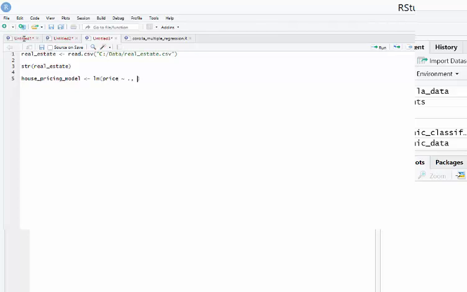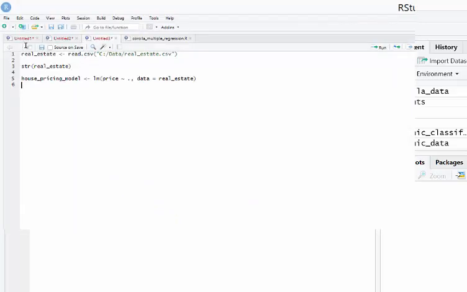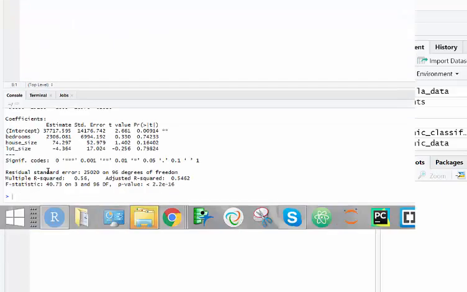Everything else I'm going to use as my bunch of predictors, and the only thing that I need to specify is what data to use, and that would be real estate data. Okay? This one. So when I run this line, it runs OK, and after that I have to say, show me the summary of my house pricing model. Okay? So let's take a look at the summary.